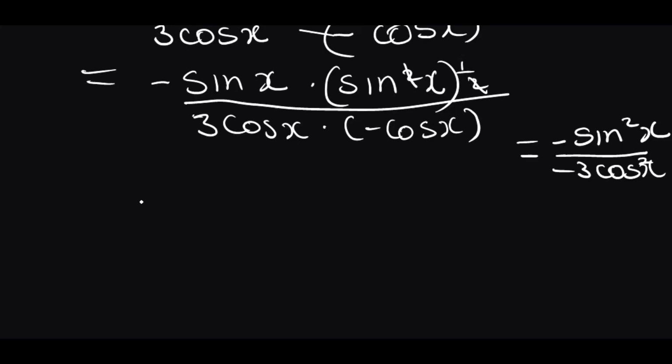Right. Okay, now the final answer here, as I said, is 3 tan squared x, since we know that sine over cos is tan. Right, now let us move on.